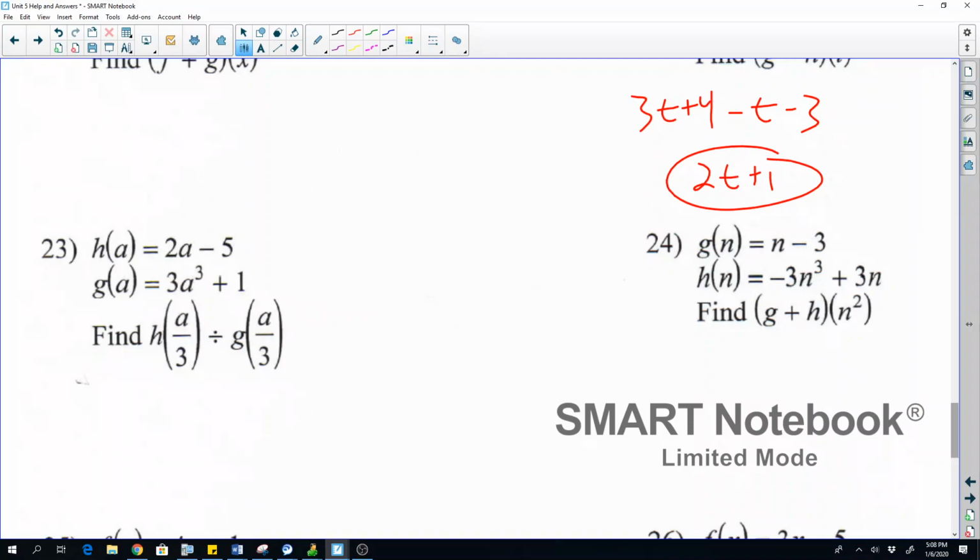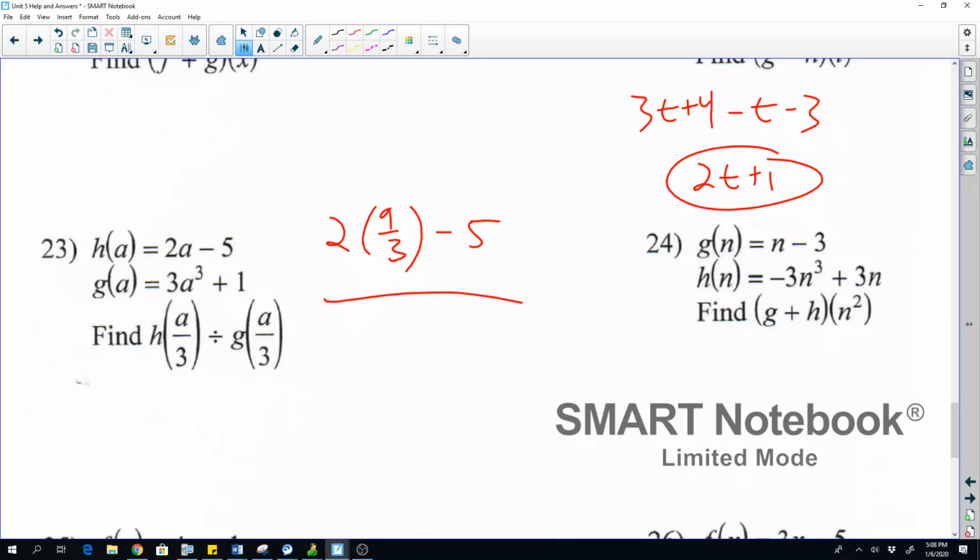23 is looking rock hard on us, just getting harder and harder. So that's saying find h of a over 3 divided by g of a over 3. Who comes up with this? So I'm thinking that we'll just have an answer as a fraction, hopefully. We'll see. So it's 2a, and then we're going to plug in a over 3 in place of a, and minus 5.